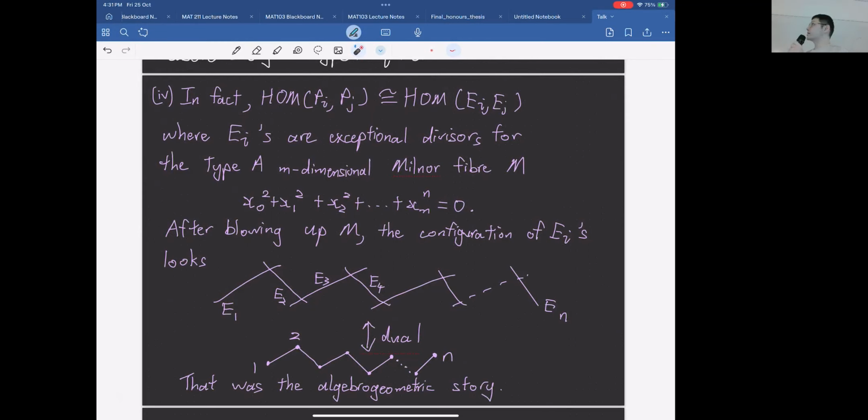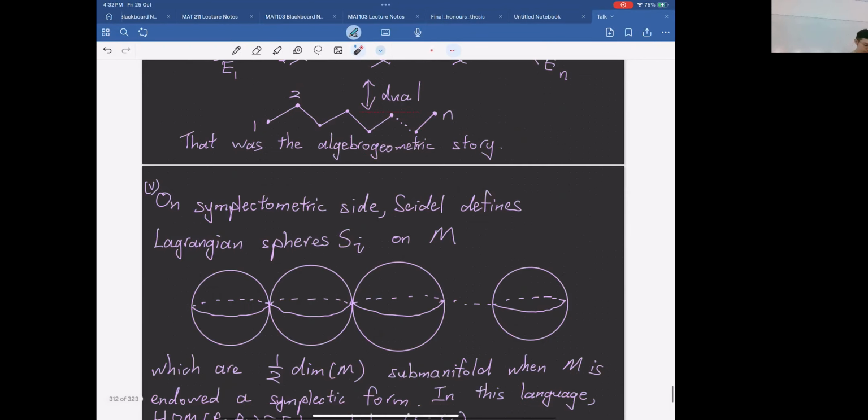This is coming from the type A Milnor fiber. If you consider this Milnor fiber here, and then you do the blow up, you can see that they intersect at 1 point. And then if you take the dual picture, it's exactly the type A quiver I just showed. Okay, so this is the algebraic geometry story here.